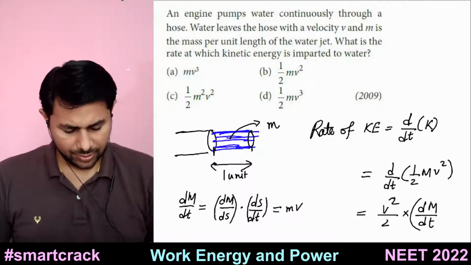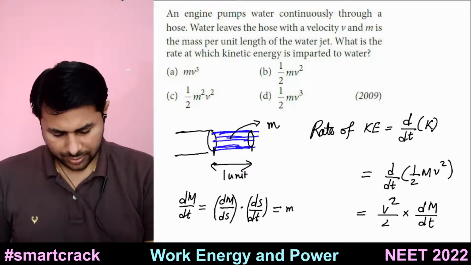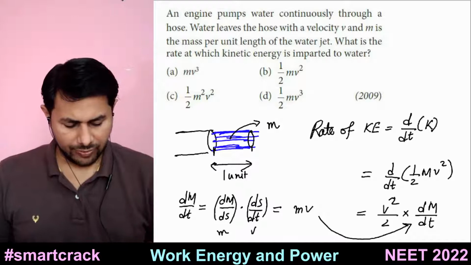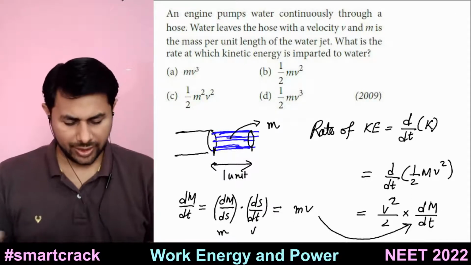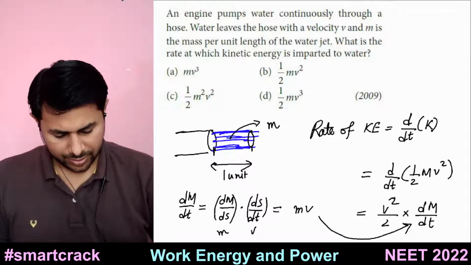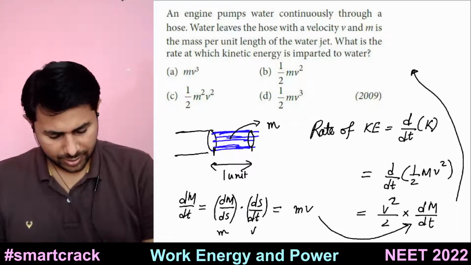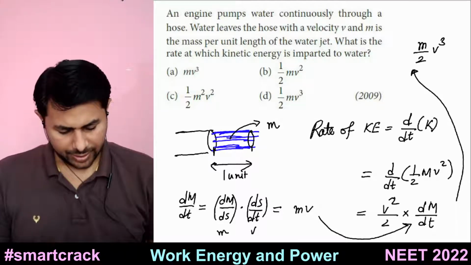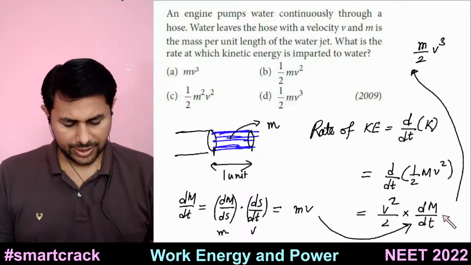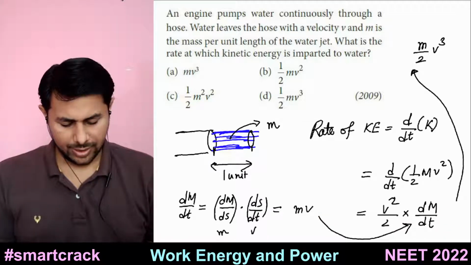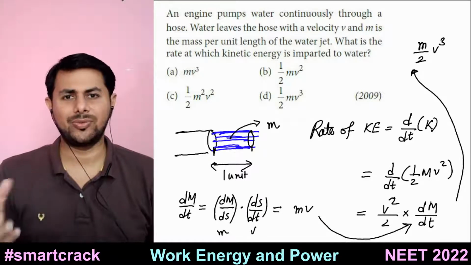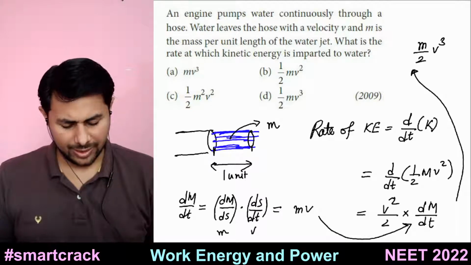So we can substitute that here. We get v squared upon 2 into m into v. Since this is v squared by 2, and dm by dt is m into v, we have another v, so it becomes v raised to 2 plus 1, that is v cube, multiplied by m.